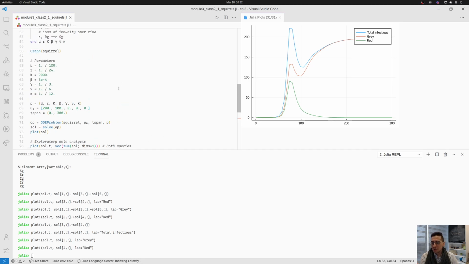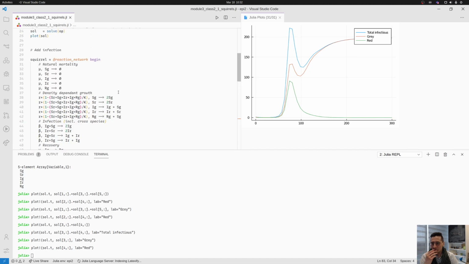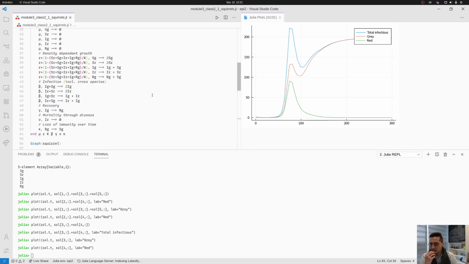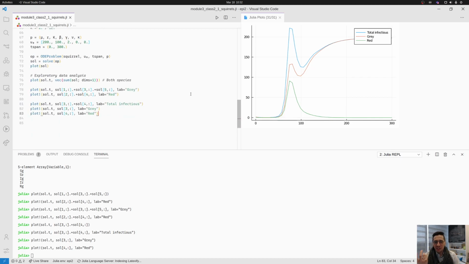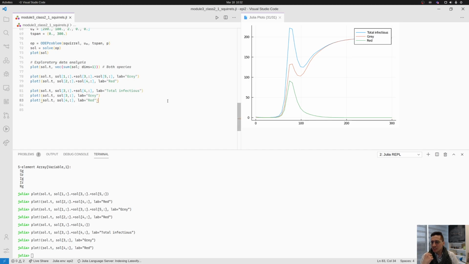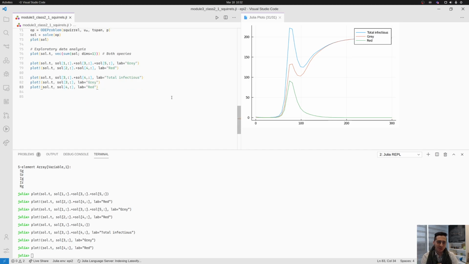There's a few different things we can do. Something interesting to look at is the proportion of infection of individuals from this red species that are coming from themselves versus from the other species.